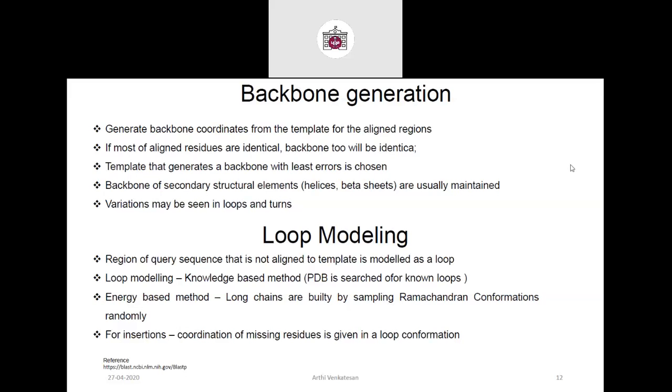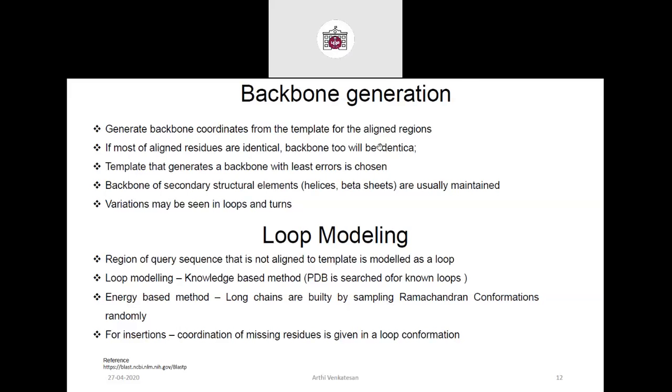Backbone generation deals with secondary structure refinement, whereas loop modeling deals with refining the gaps in the alignment, the missing residues, right? Yeah, missing residues. Okay, guys, any doubts with this? If you have any doubts, we can clear them here itself. I guess no doubts. Okay.